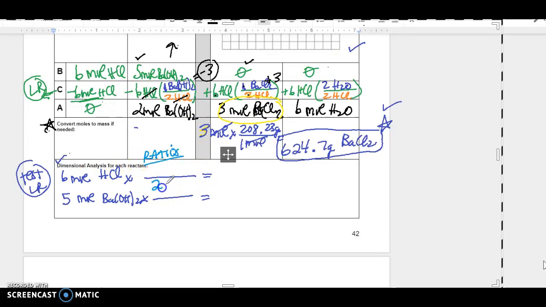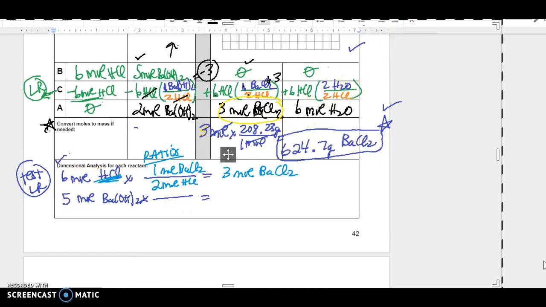When I look back up at my ratios, I know 2 moles of HCl makes 1 mole of BaCl2. So this is going to make 3 moles of BaCl2 if I use up all of this.